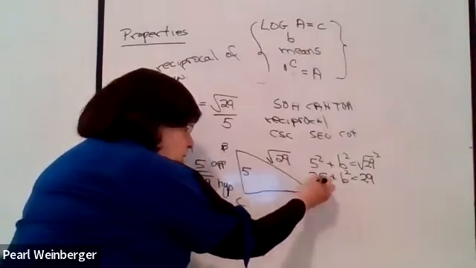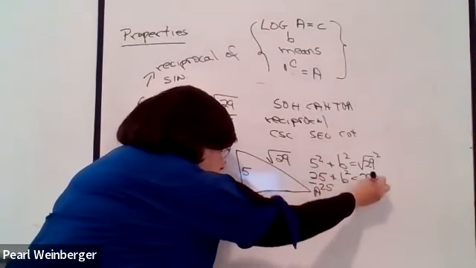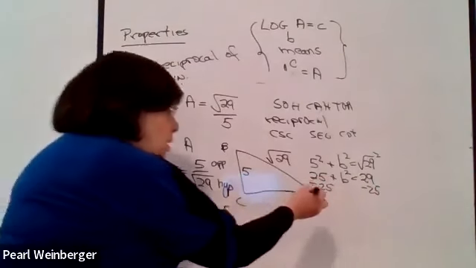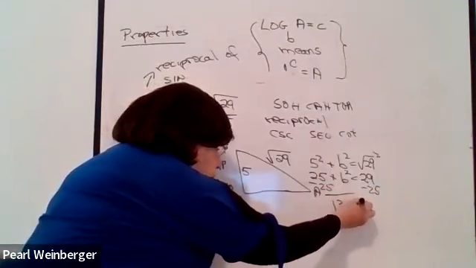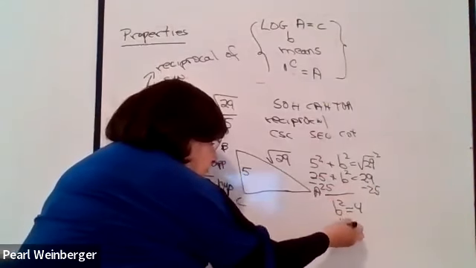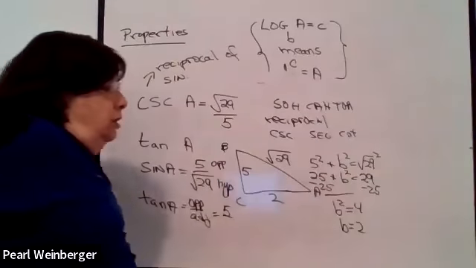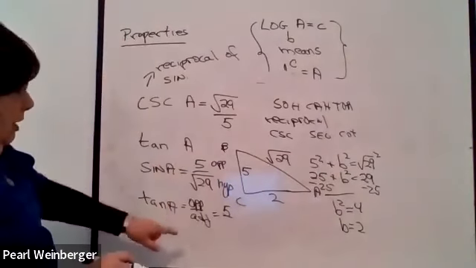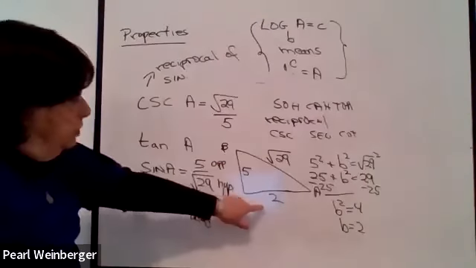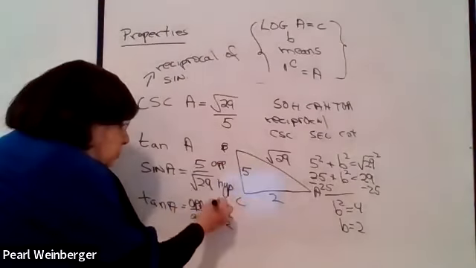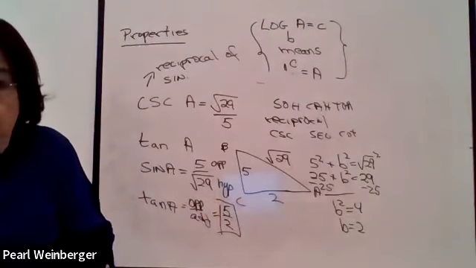If I subtract 25 from both sides, I get that B squared equals 4, which means B equals 2. The third side of this triangle is 2. Now the tangent is opposite 5 over adjacent 2, and my answer is 5 over 2.